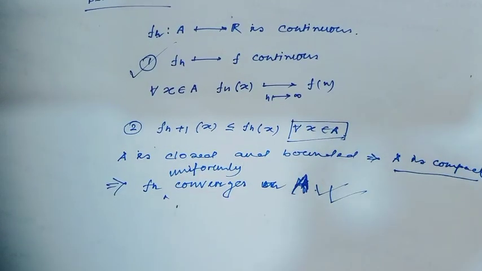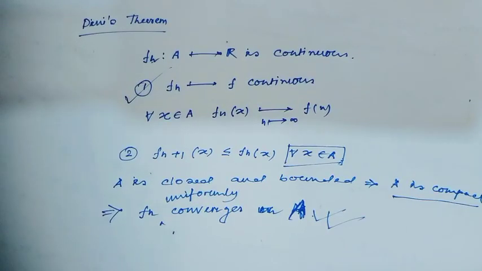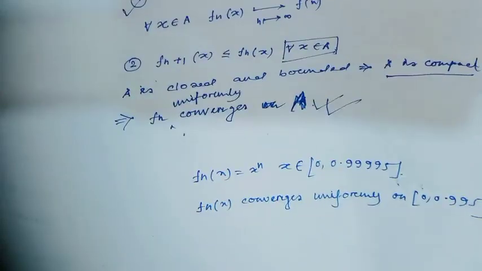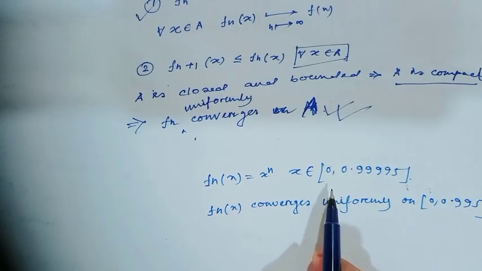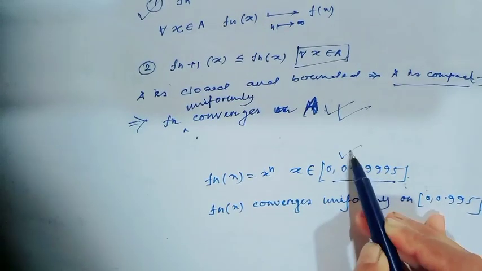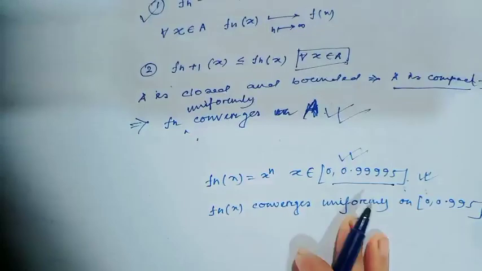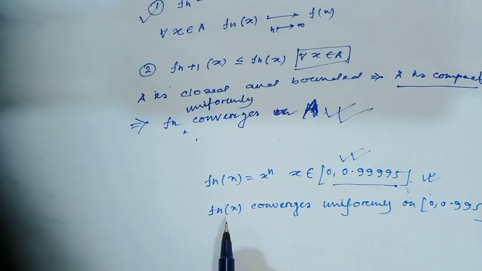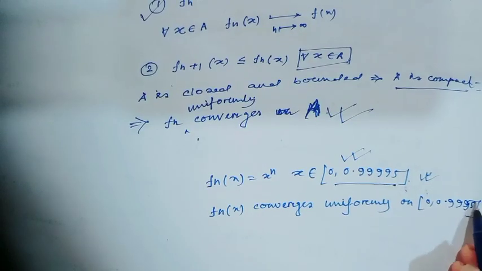See one example as a use of this theorem. Here given Fn(x) equals x to the power n, where x lies in this interval, and notice here the interval is compact, meaning closed and bounded. We have to prove Fn converges uniformly on this interval.